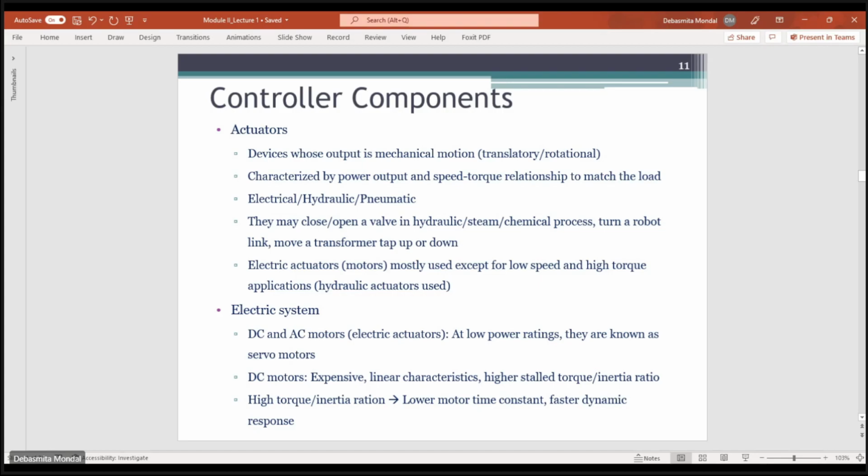And then there comes the electrical system. There are two kinds of electrical actuators: the DC motor and the AC motor. The problem with the DC motor is that it is very expensive, although it has very linear characteristics and a high stalled torque to inertia ratio. All the other parameters are very desirable in DC motors, but the cost is one of the major disadvantages.